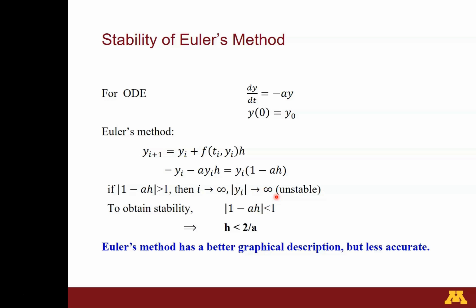So, to obtain stability, we need to constrain this term to be less than 1. That is, h is less than 2 over a. So this is the condition to make the Euler method stable.